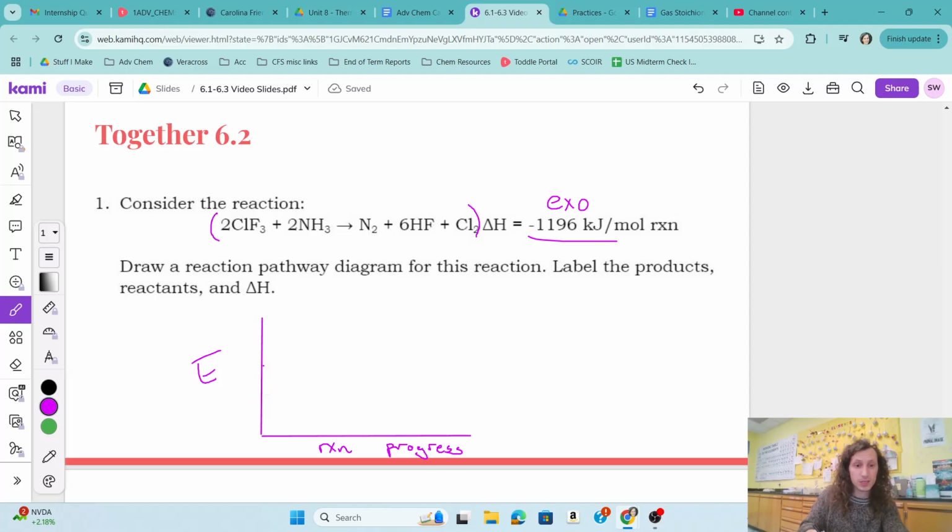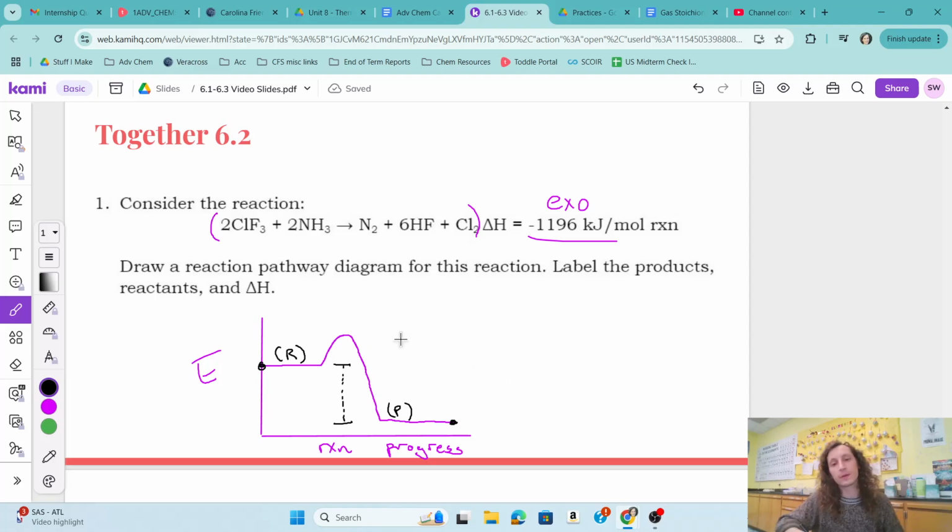So I'll draw my reactants here, go up some amount, and then I'm going to go way down here for my products. And we're told to label the products, the reactants, and delta H. So recall that delta H is this space right here, from the products to the reactants, from starting point to ending point in terms of their energy difference. Bada bing, bada boom.